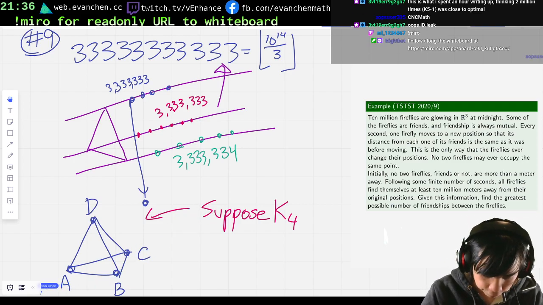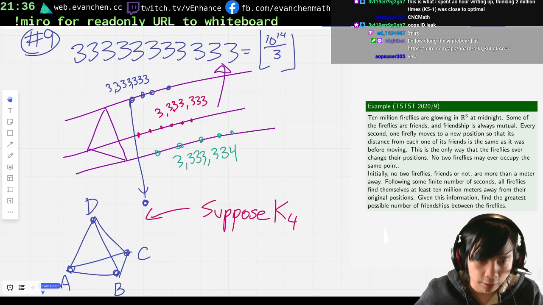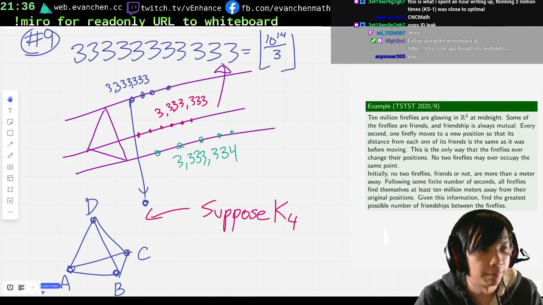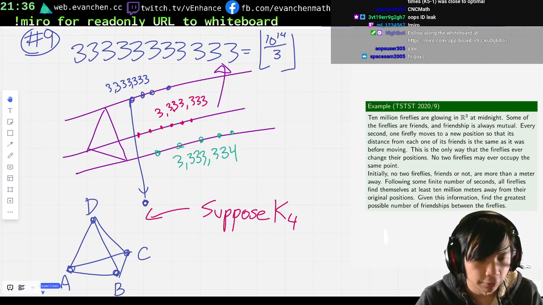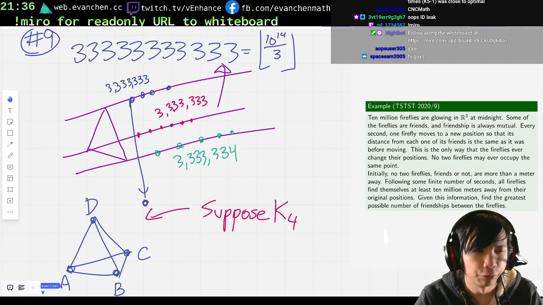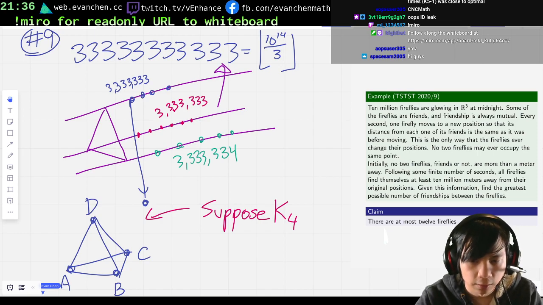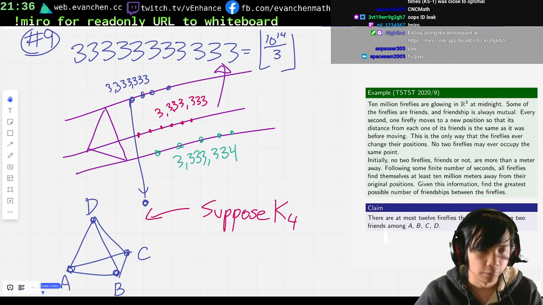So if there's a K4, then here's the claim. Claim: there are at most 12 fireflies, and the number 12 won't really matter, other than the fact it needs to not be too big, but there are at most 12 fireflies that have more than 2 friends among A, B, C, D. That's the claim.